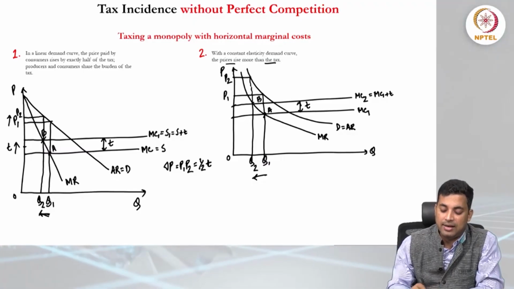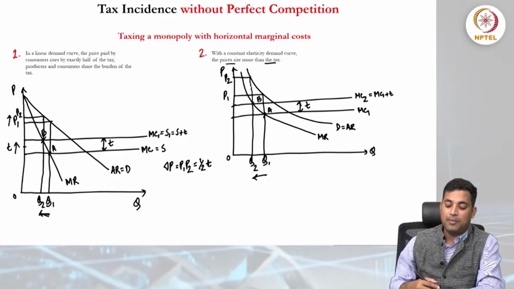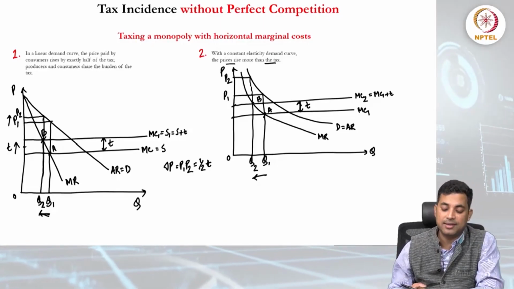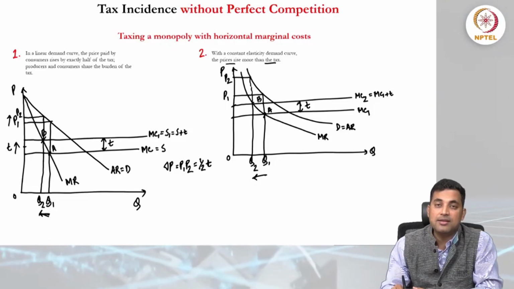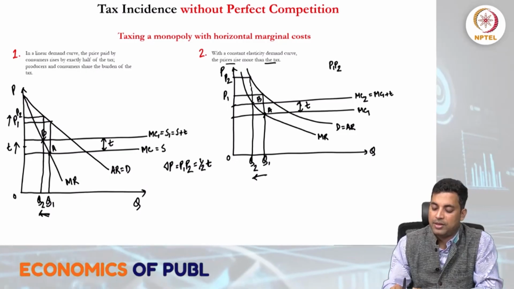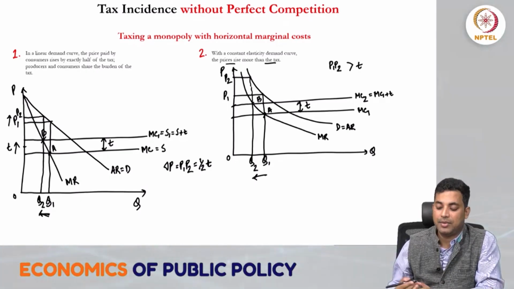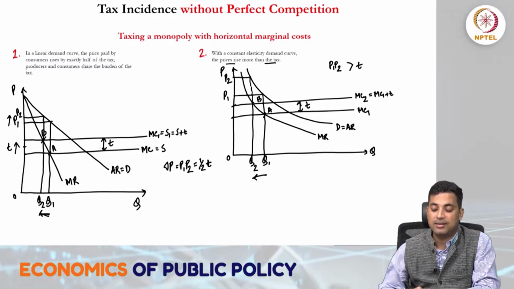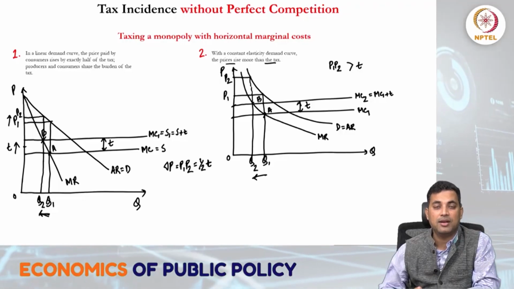We can see clearly that the quantity has reduced because of the imposition of the taxes, and the monopoly price has also increased, but the change in the price, P1 to P2, is higher than the amount of tax imposed.